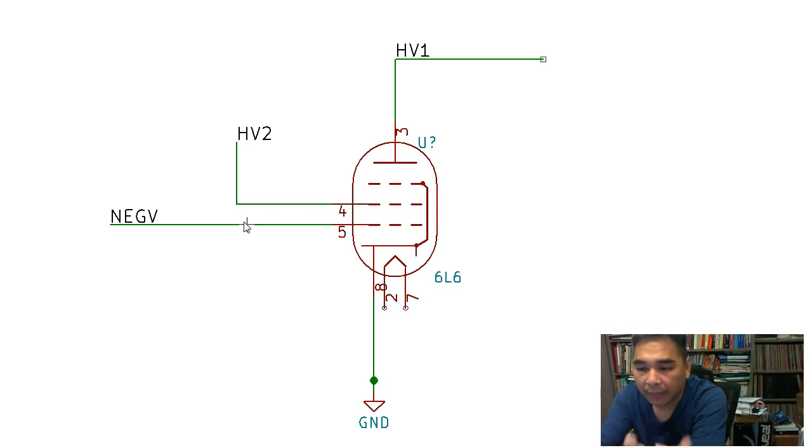Okay, there is yet another way to connect this tube. That's called screen input, and I was told it's a very famous circuit proposed by EAR. The connection is the same as the default connection, but this time the test signal, the sweep signal, is not sent to the grid electrode.